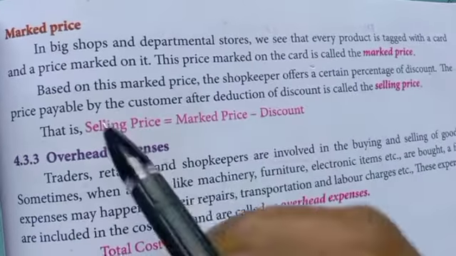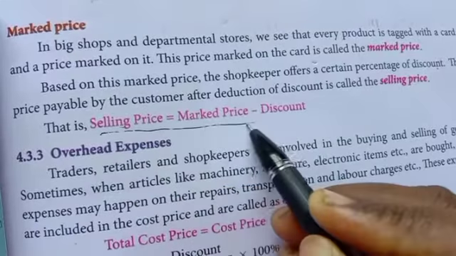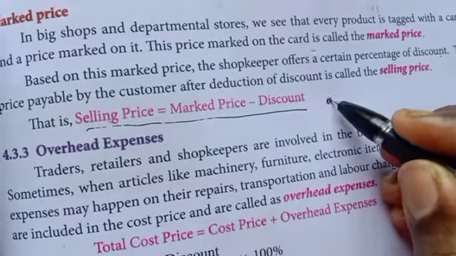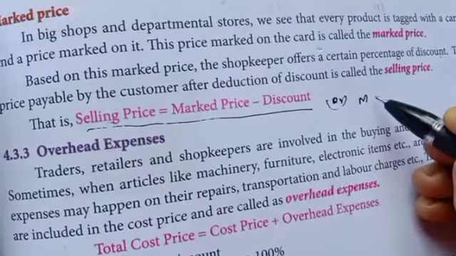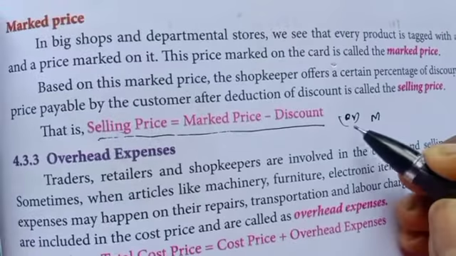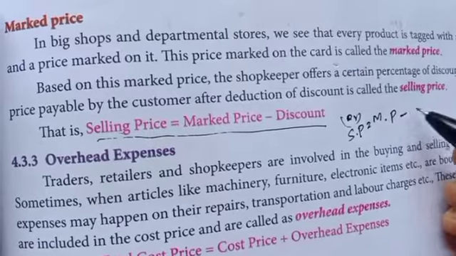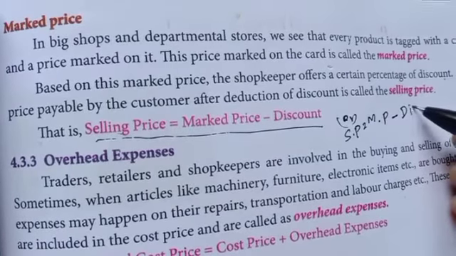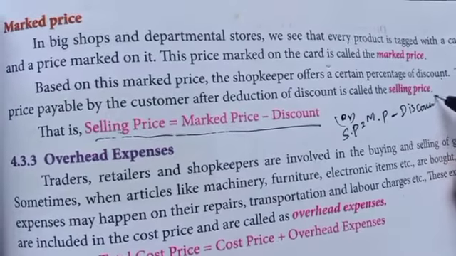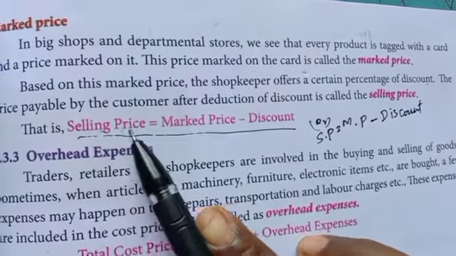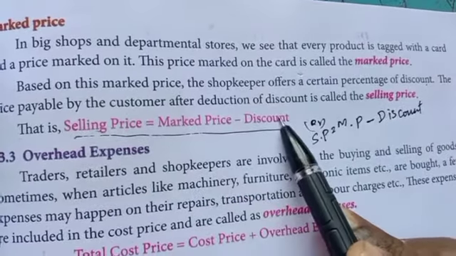So the selling price formula: marked price, denoted by MP, minus discount. SP is equal to MP minus discount.